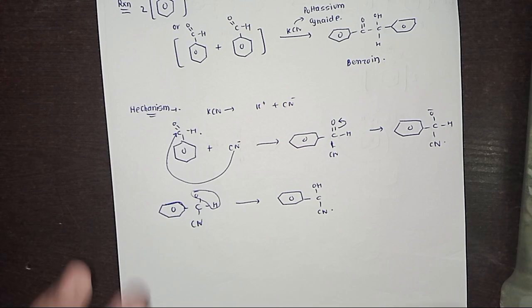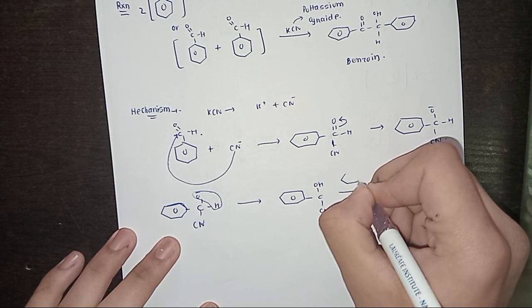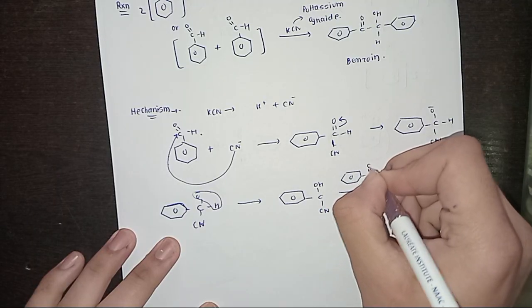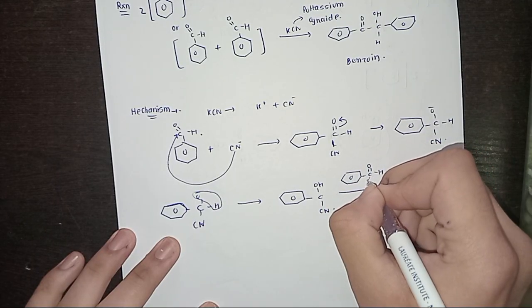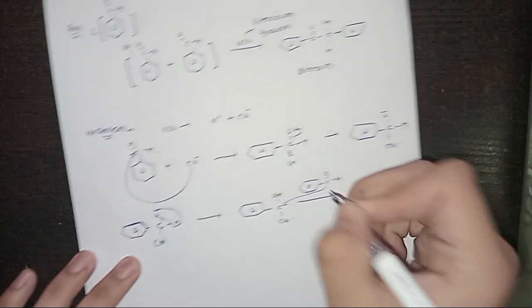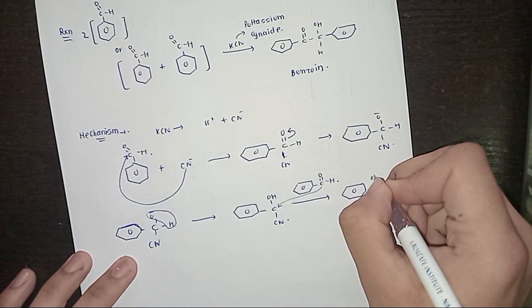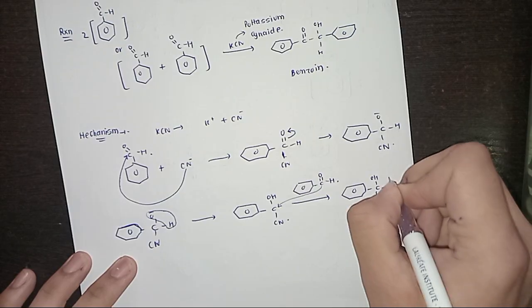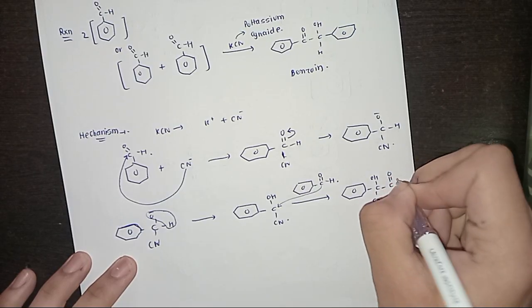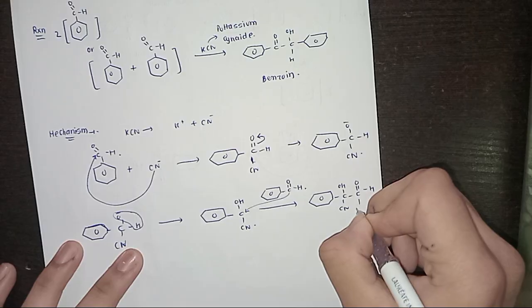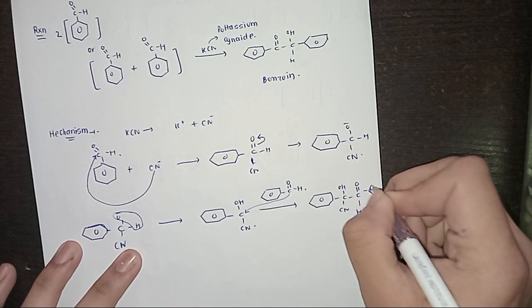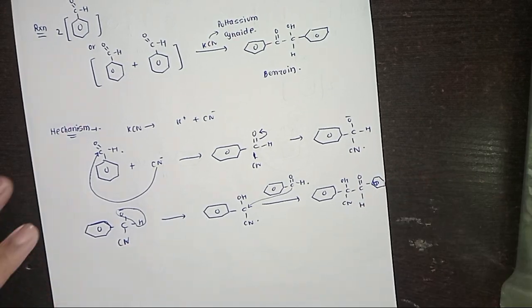And now we will add the remaining benzaldehyde to this compound, and this carbon will join here. So it will look like this, with a double bond, O, H, and here is the benzene ring.